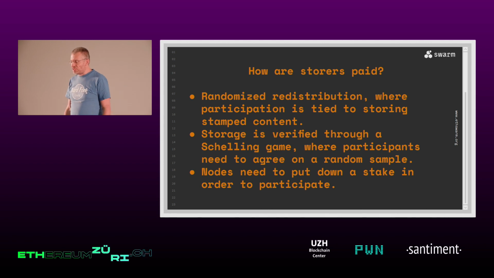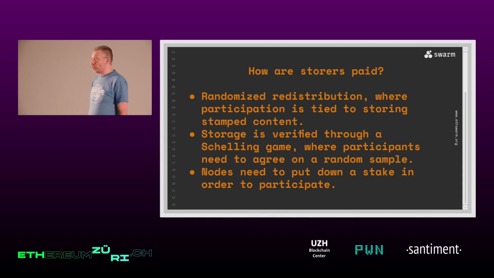So essentially, all the nodes in a neighborhood agree on what needs to be stored, although it's not an exact match, so we cannot verify exact equivalence of what they're storing, but they still can verify each other whether they're storing the same thing.